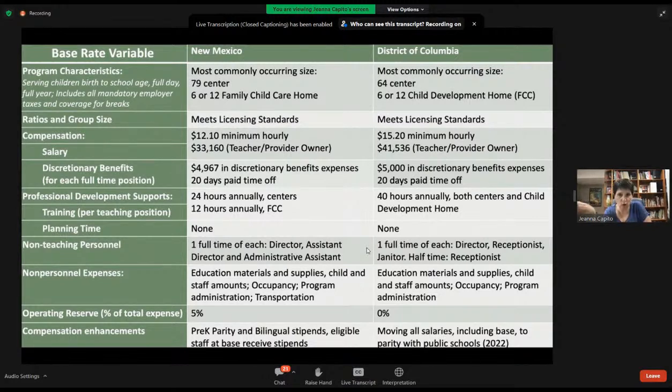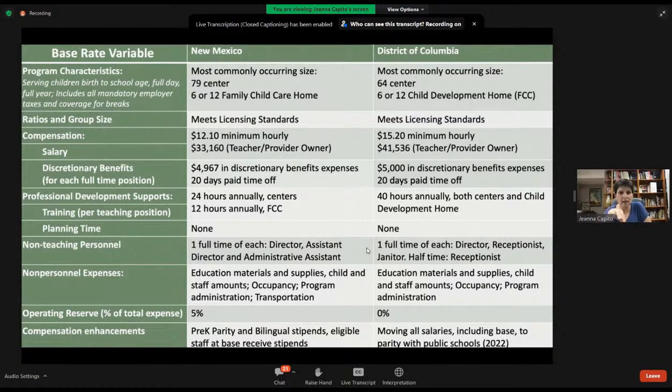So that first row is just the basic facts. In both instances, we are talking about cost models that were run serving children from birth to school aged, and birth being defined as whatever licensing standards were in the state. They are running full day, full year care models, early care and education models.